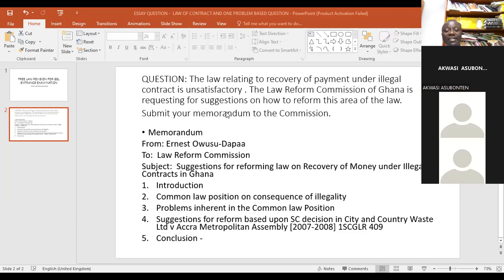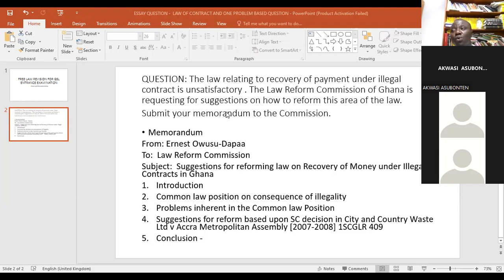That is to say that instead of going by the existing common law position that as soon as you establish illegality, then apart from those limited, strict exceptions, there's no way that you'll be allowed to recover any payment for services done under the illegal contract, the Supreme Court said that no, we are not going to do that.